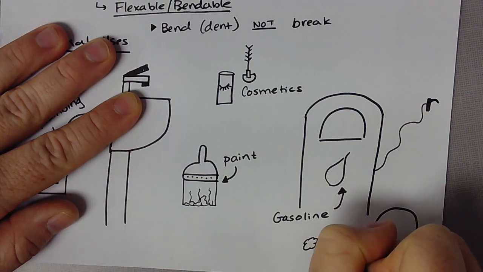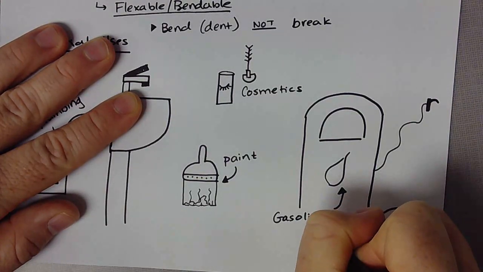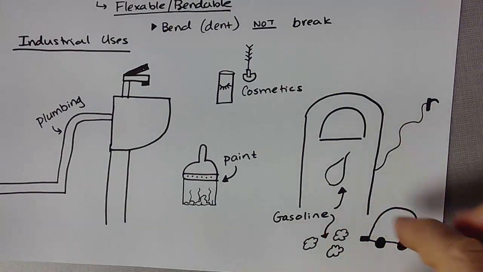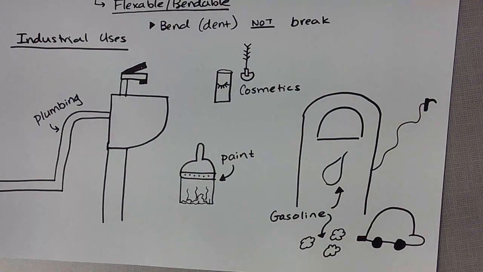So lead was also indirectly added to the air of our environment because it was pumped through the cars and came out in the form of exhaust.